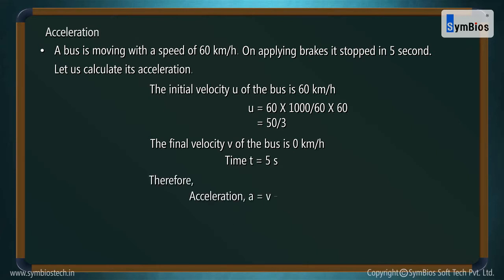Therefore, acceleration a is equal to v minus u by t, which is equal to 0 minus 50 by 3 by 5, which is equal to minus 50 by 3 into 5 meter per second square, which is equal to minus 3.33 meter per second square.